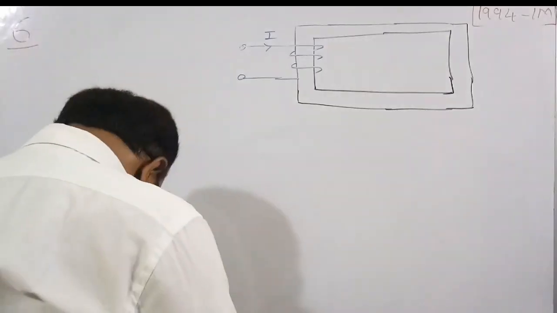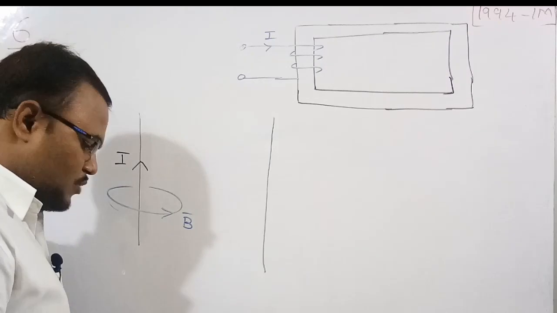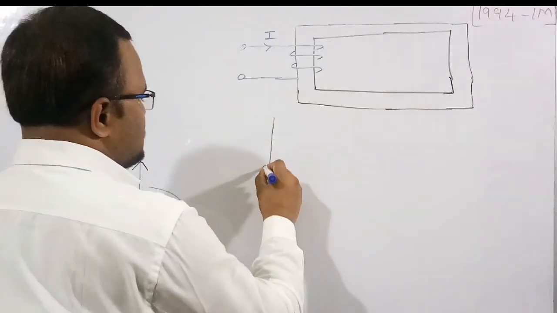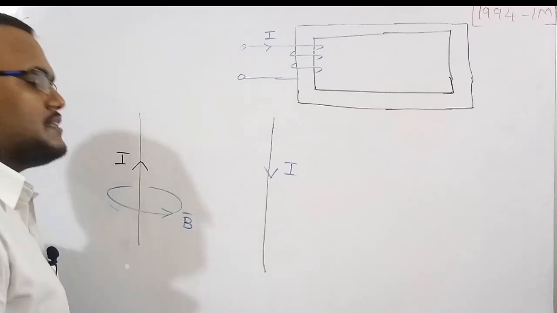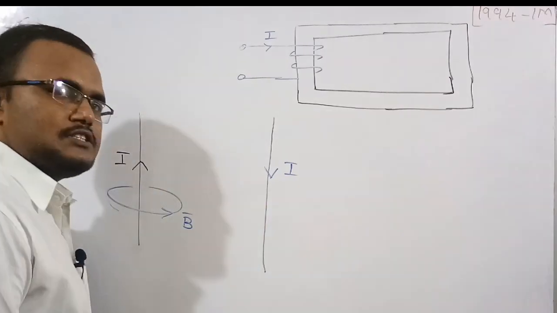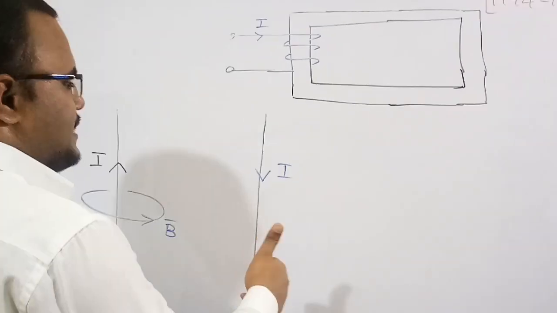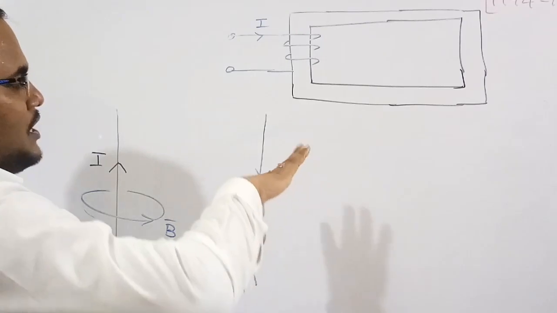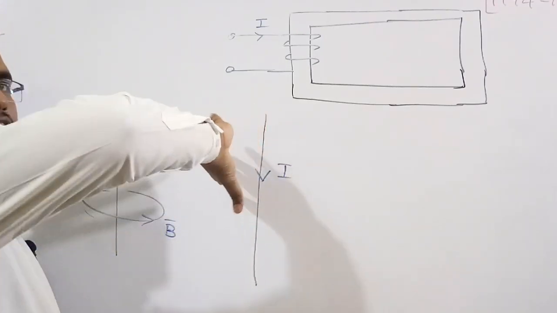Suppose there is another wire. In this wire, the current is going from up to bottom. In the same manner, we need to figure out the direction of the magnetic field around this wire. So, by using the right hand rule, keep the thumb in the direction of the current and curl the fingers.